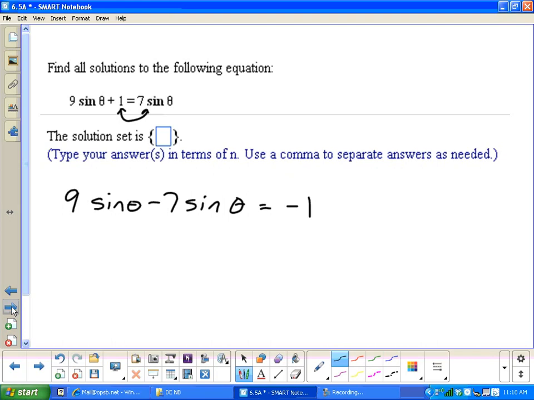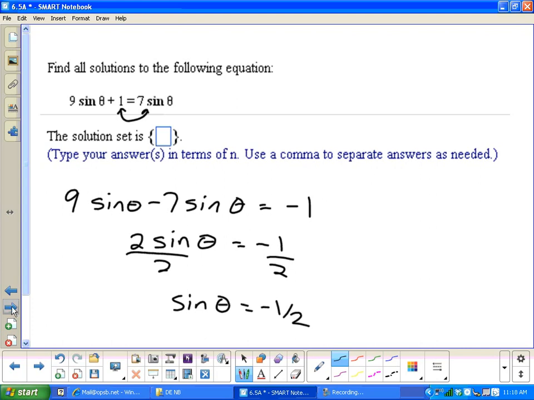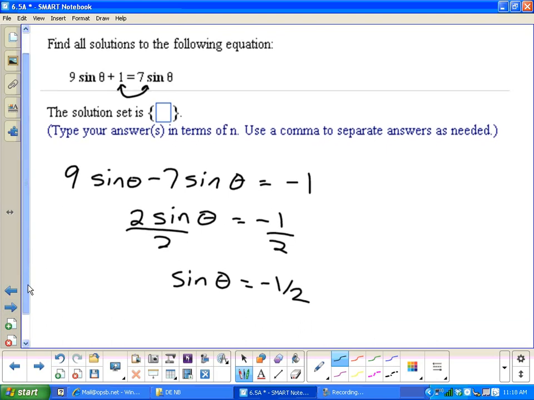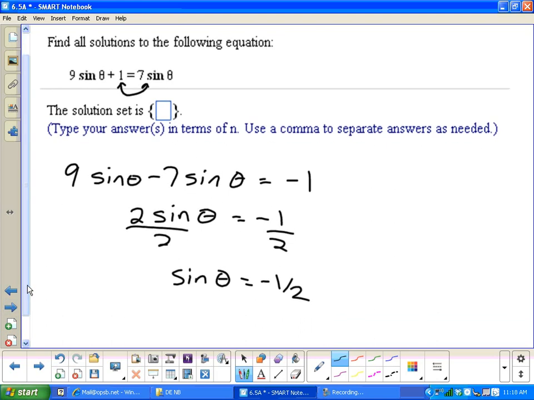And this is exactly what you would think. 9 sine theta minus 7 sine theta would be 2 sine theta. Now what? Divide by 2. So we get sine theta equals -1/2. I think that's like the one we started with, isn't it? So where is the sine of theta equal to -1/2? Yeah, 7 pi over 6 and 11 pi over 6.